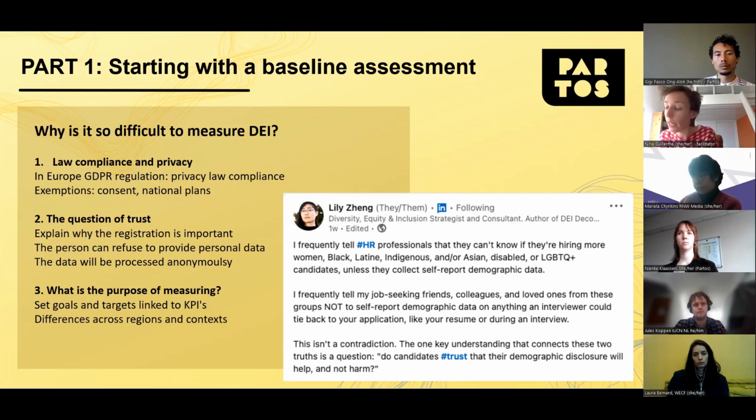And actually, you can't, in this law, gather information about racial or ethnic origin, or, for instance, you cannot gather data based on the person's sex life or sexual orientation.